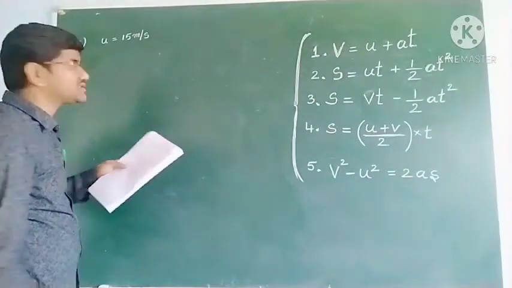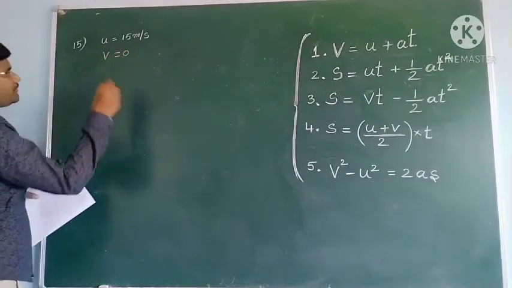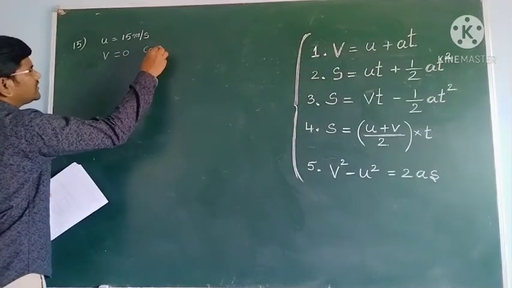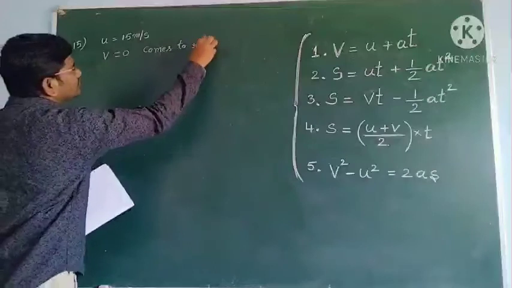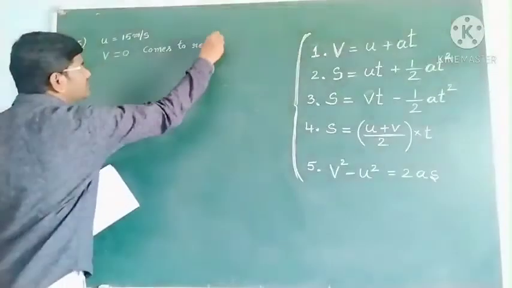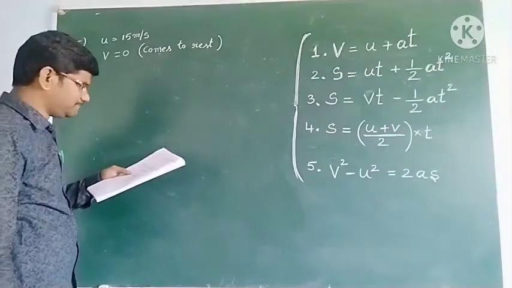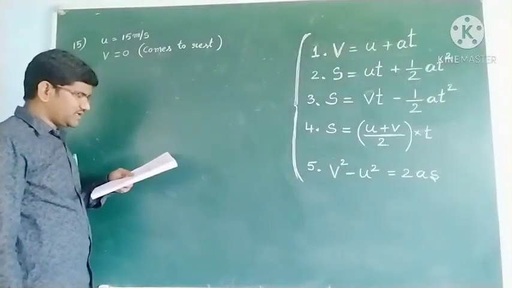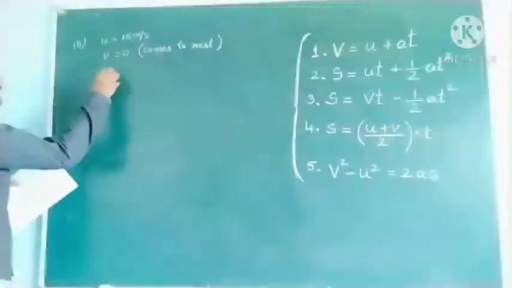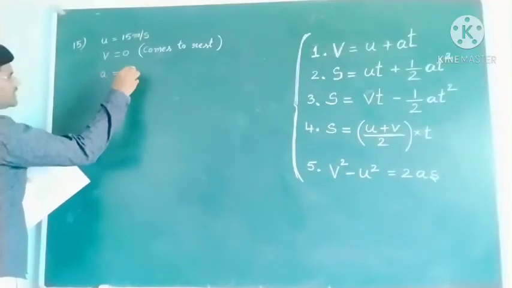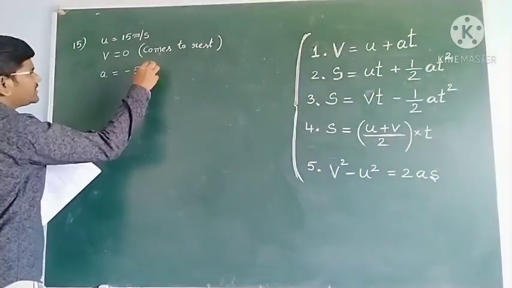It comes to rest means final velocity is 0. Okay students, due to the application of brakes that produces a deceleration, means a negative acceleration, that is 5 meters per second squared.